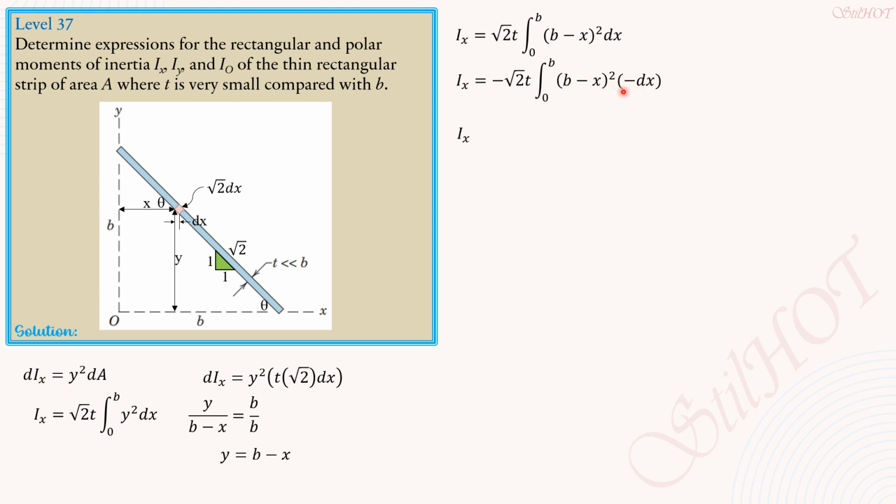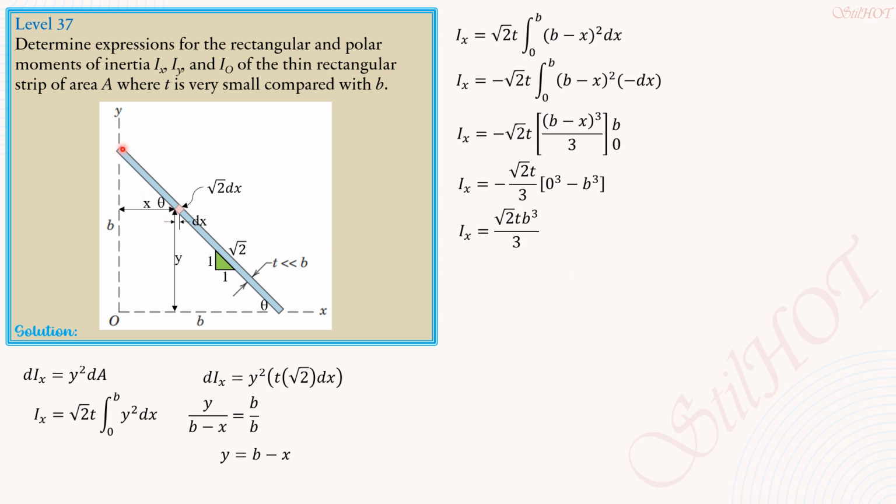By the power formula, Ix is negative square root of 2 times t, b minus x quantity cubed over 3 from 0 to b. Substituting the upper limit, b minus b is 0, so 0 cubed minus the lower limit b cubed. So Ix is negative square root of 2t over 3 quantity 0 cubed minus b cubed. Therefore, Ix is equal to square root of 2 t b cubed over 3.